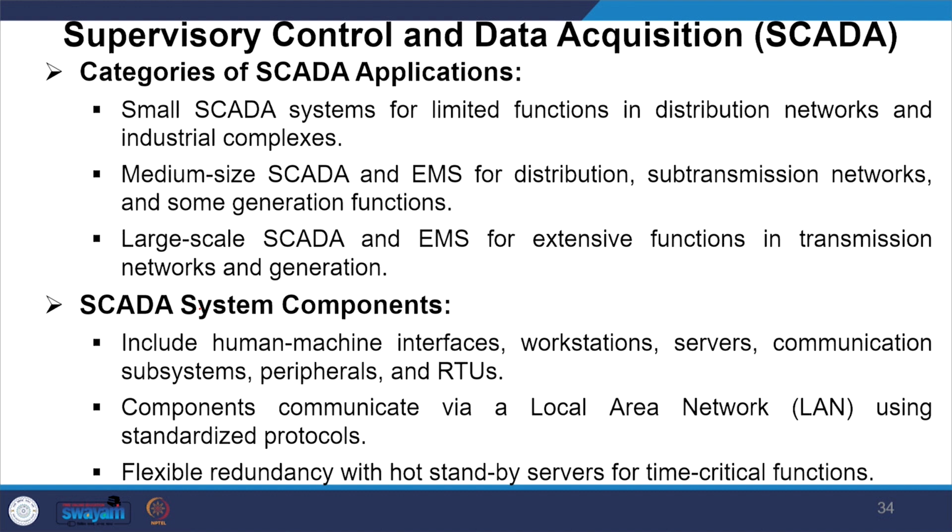Different components of SCADA systems include human-machine interface, workstation, servers, communication subsystems, peripherals and RTUs. Components communicate via a local area network LAN using standardized protocols. Flexible redundancy with hot standby server for time-critical functions.